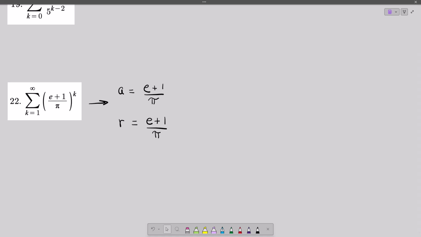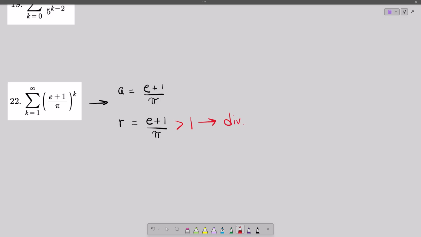Is it bigger than 1 or is it less than 1? Bigger than 1. E is about 2.7, and if you add 1, you get 3.7. 3.7 is bigger than 3.1, so this is bigger than 1. Bigger than 1, which tells us diverge.